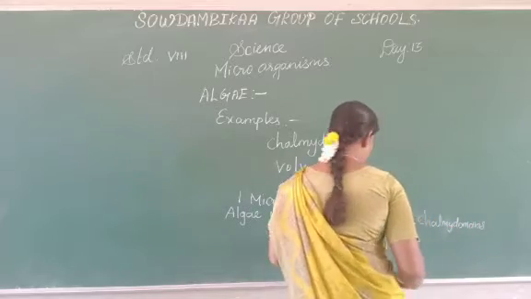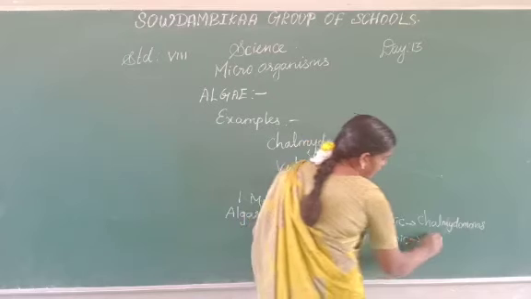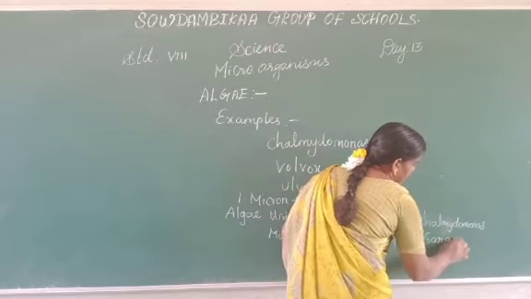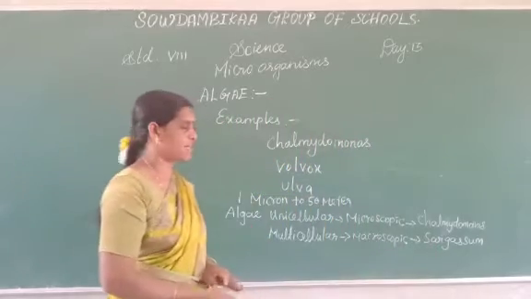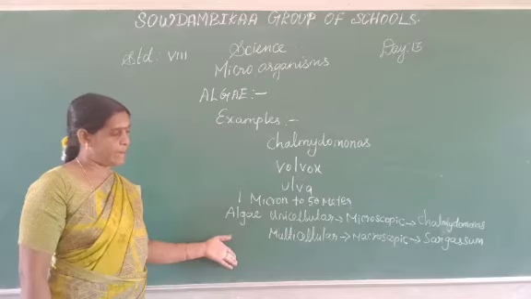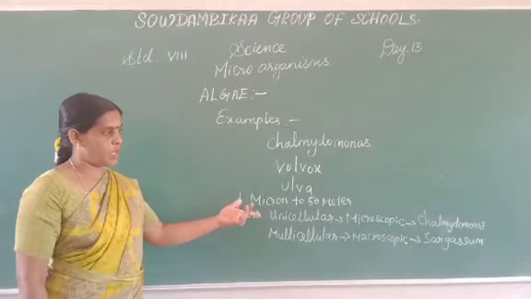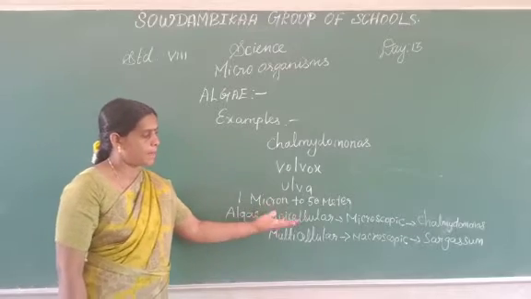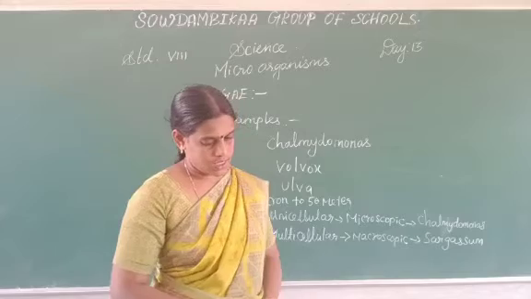Next, the macroscopic alga is Sargassum. All are clear about this one? Algae may be found as unicellular and multicellular. Unicellular alga, microscopic alga, is Chlamydomonas. Multicellular alga is macroscopic, for example Sargassum.